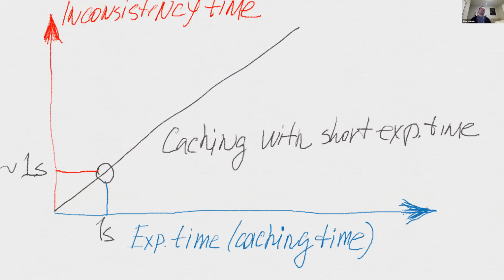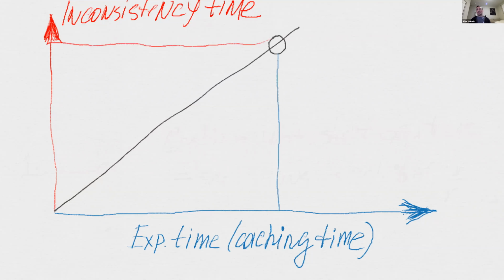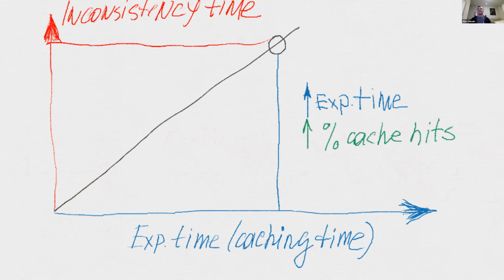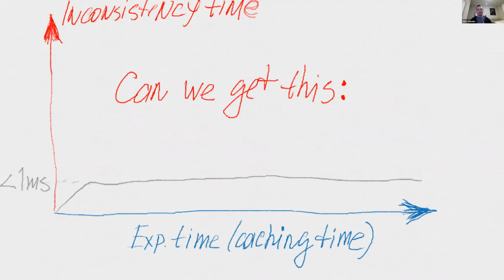And if you try to reduce this expiration time in caching to, let's say, 1 second, then it's fine. At maximum, basically 1 second of seeing an inconsistency is the maximum you get for any given value, right? But the chance that you get a cache hit is also super low.